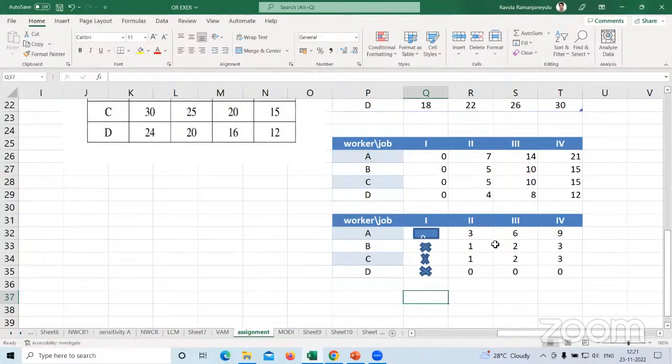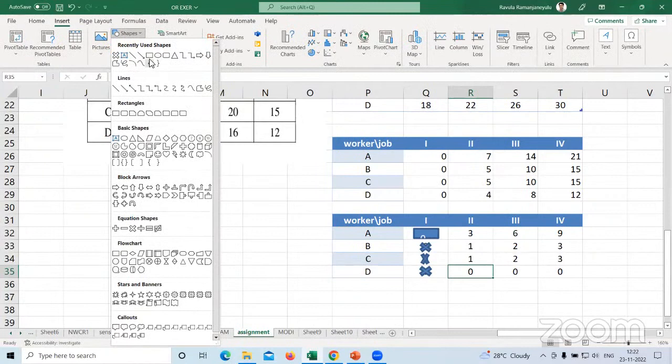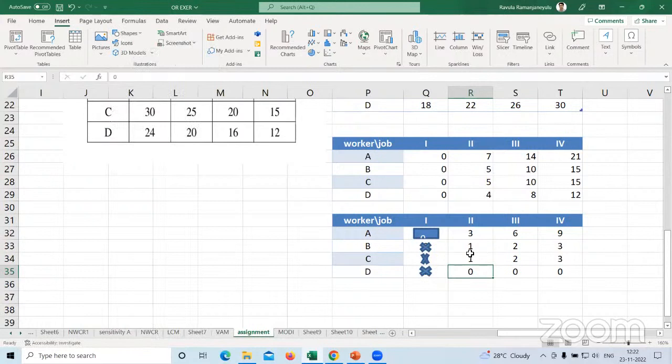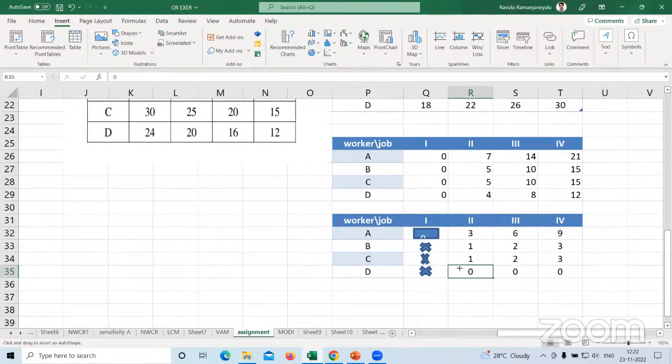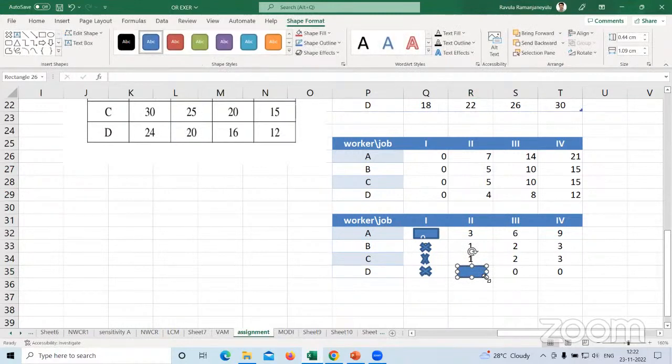Yes. What to do? Go column wise. The first column, there is no single zero. The second column, there is a single zero. We need to assign here. So to assign it, we need to consider this, and for this zero, whereas other zeros in the row wise, we need to cancel.